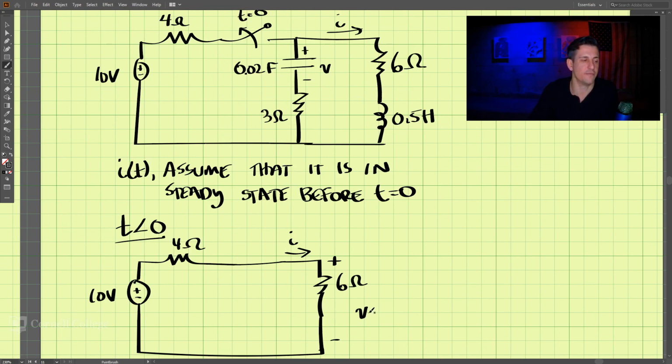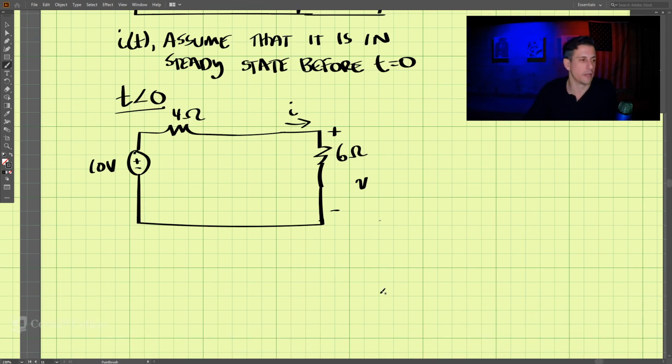Because there's no current here, the voltage across this here is equal to the voltage across this resistor. That's V. Okay, so if we analyze this circuit, I at time 0 minus is equal to this voltage, 10 volts, divided by the resistance, which is 6 plus 4 ohms. So that is 10 divided by 10, which is 1 amp.